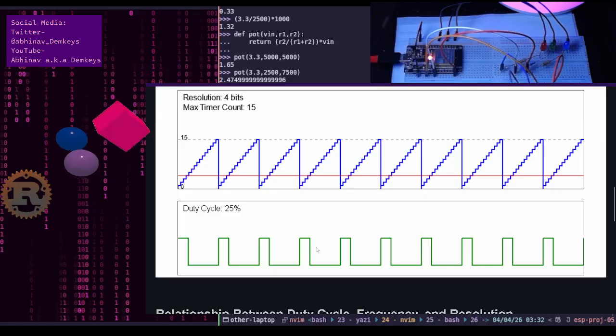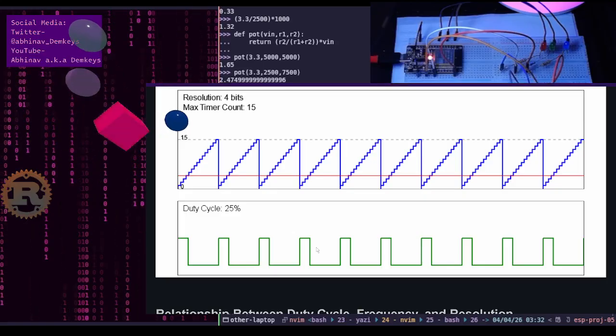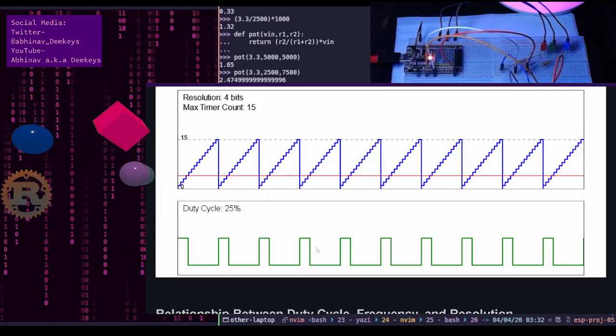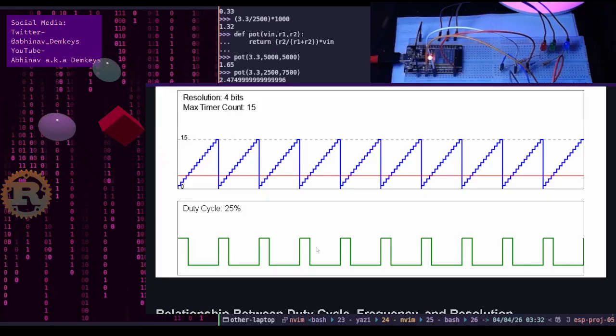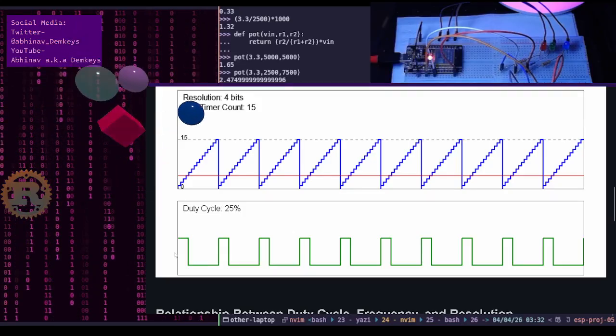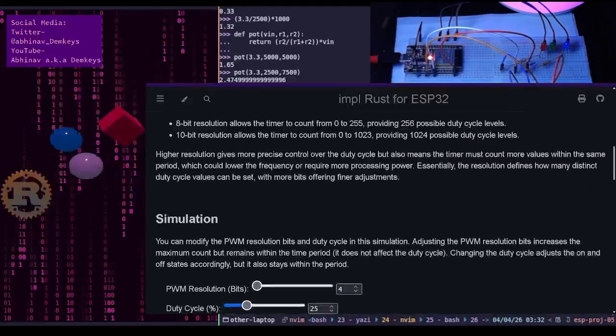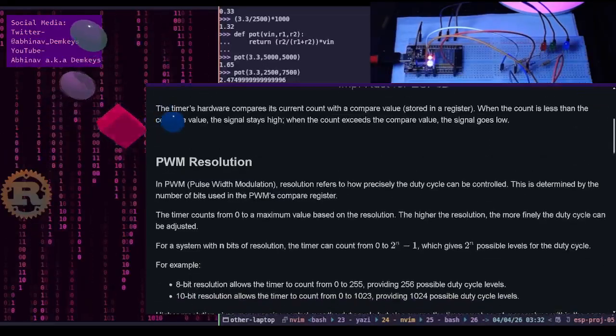So if you set a frequency of 5, you're going to have 5 duty cycles per second. So then one duty cycle is one period. Is that right? I'm not sure.